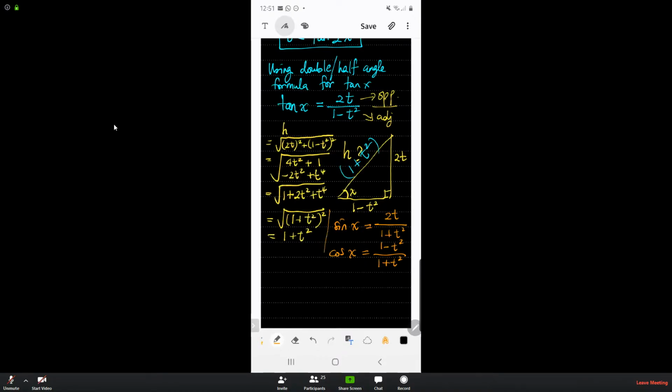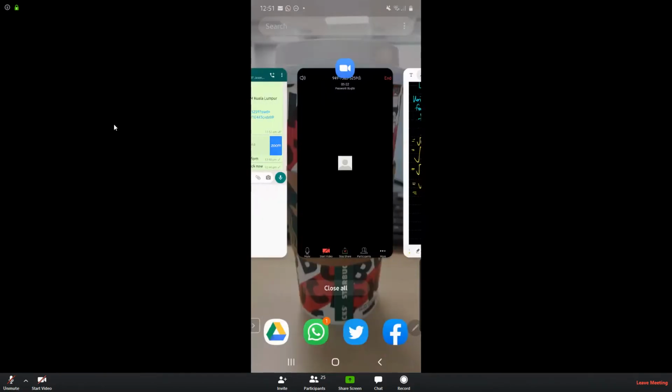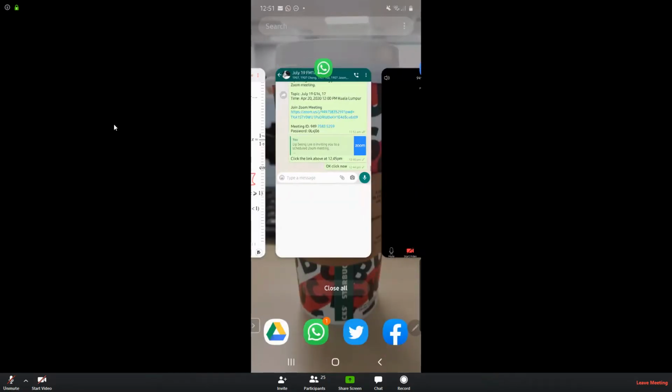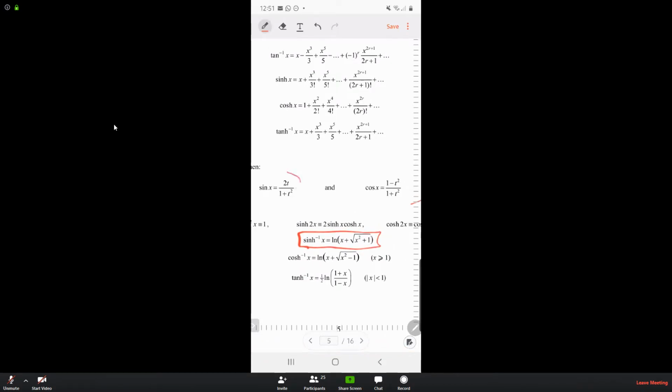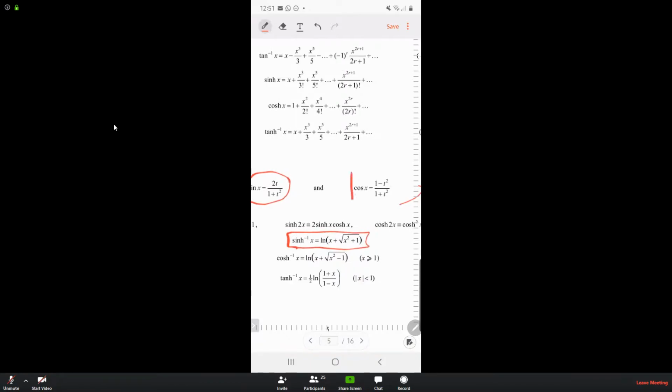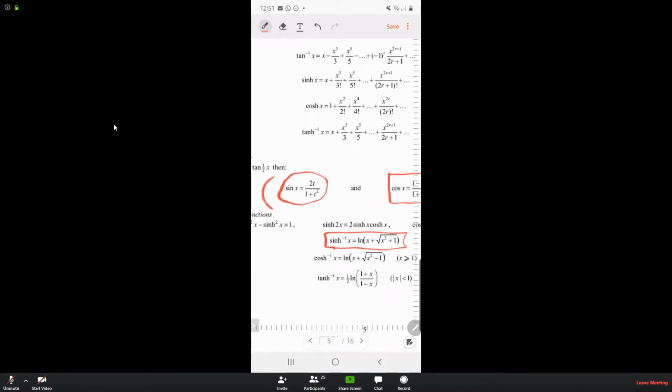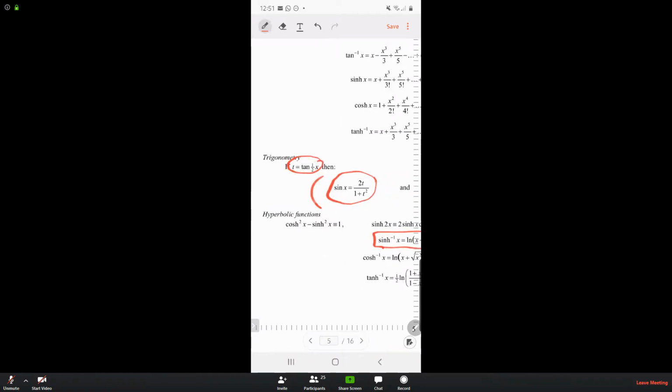And now you can see that these two formulas are actually available in MF19, page 5. So you see sine x is equal to 2t over 1 plus t squared, and cos x is equal to 1 minus t squared over 1 plus t squared. This is the Weierstrass substitution, T substitution.